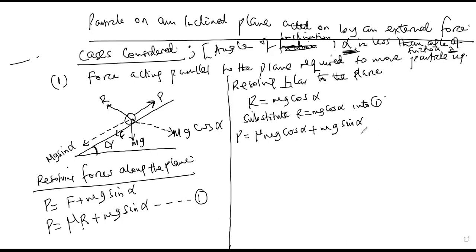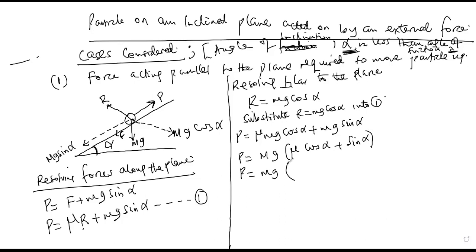We have substituted R into equation 1. So this is going to be P is equal to mg, which is common, times mu cos alpha plus sine alpha, isn't it?